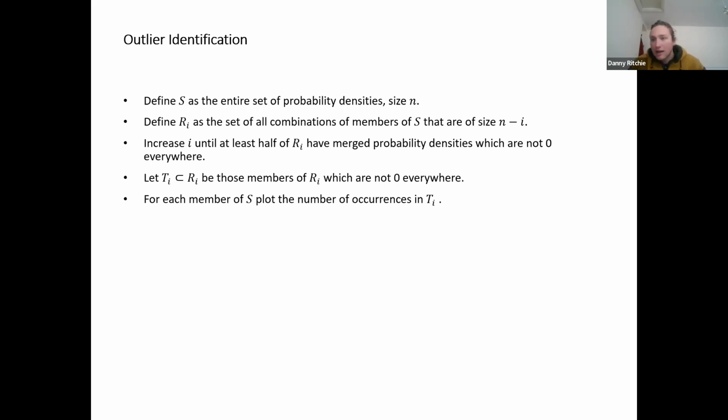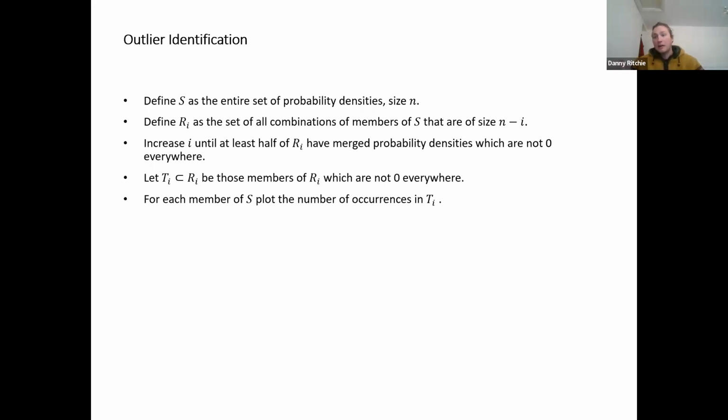And in Ri, you'll have all possible combinations of that size. So each element of Ri is a combination of members of S. As I just mentioned earlier, when we have i equals 0, i.e. Ri only consists of the full set S, then the probability density was 0 everywhere, which was an issue.